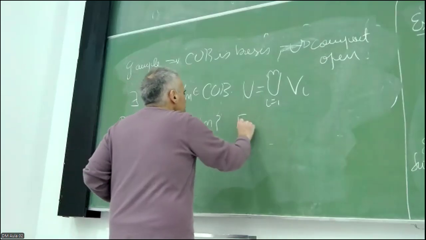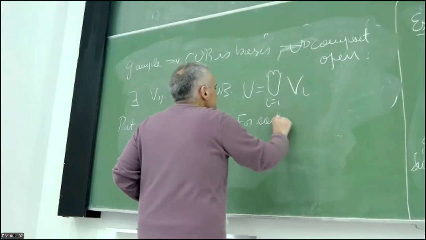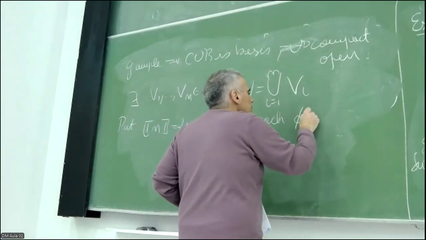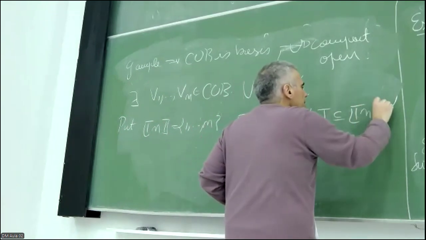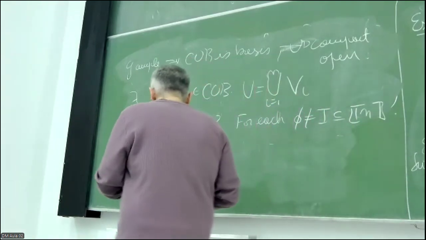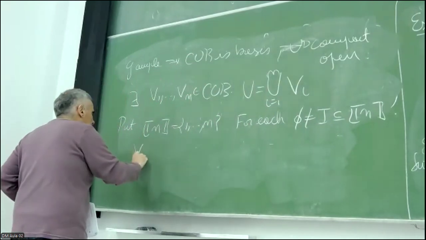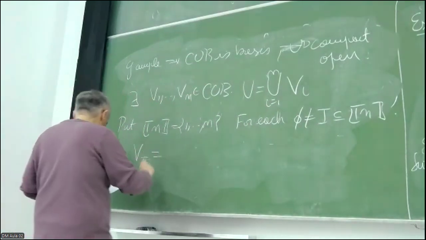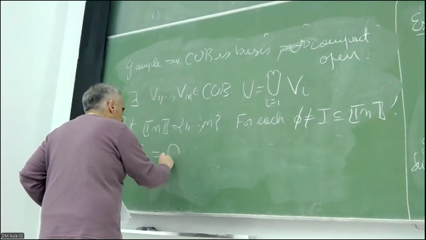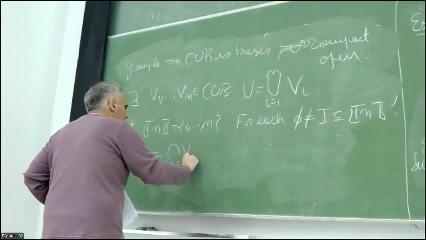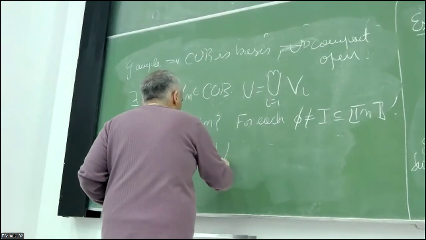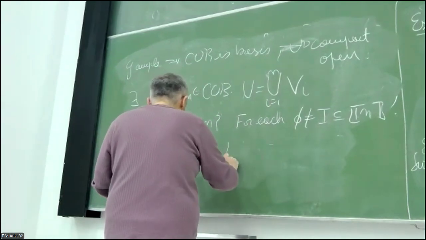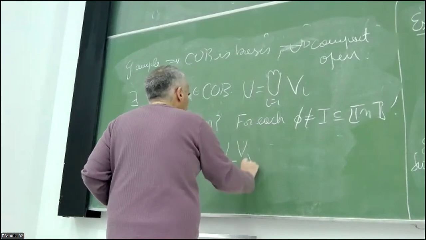Then for each non-empty subset I of n, consider V_I to be the intersection for i in I of the Bi's, from which we have removed the union for all the j's not in I of Bj.